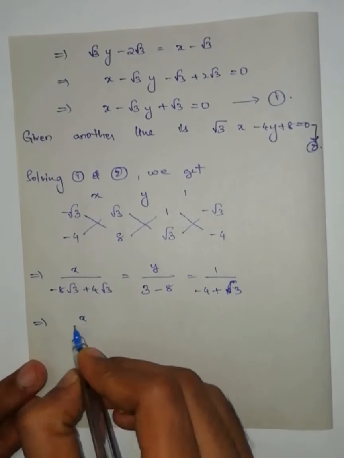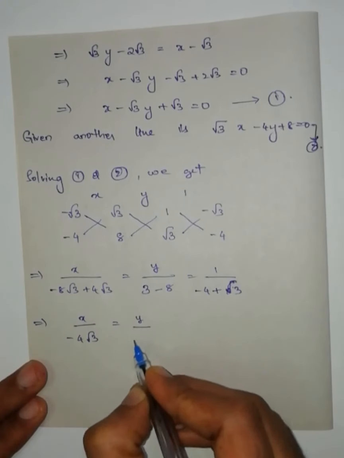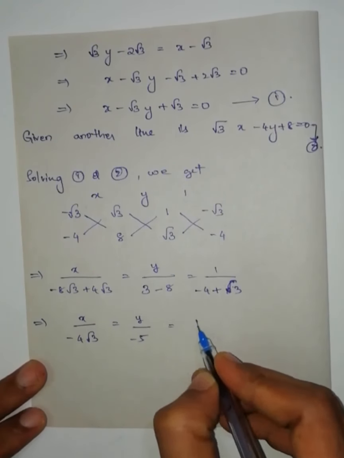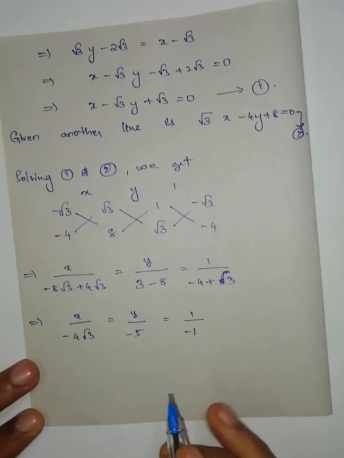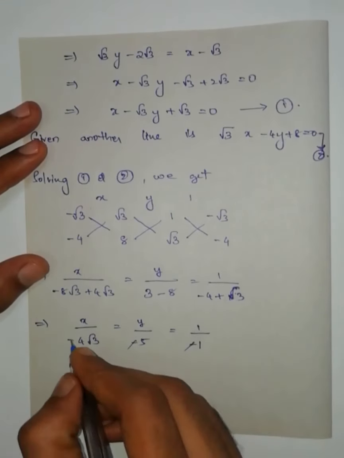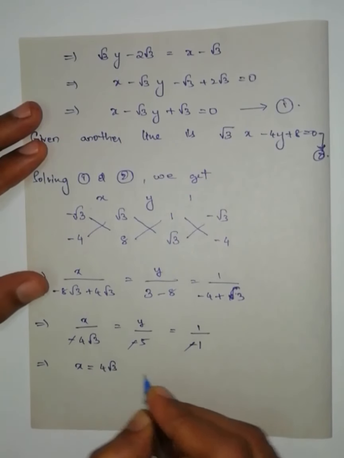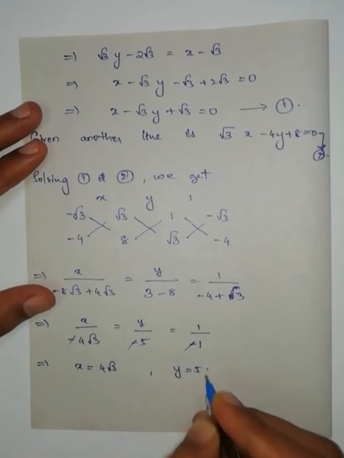This implies x by minus 4 root 3, y by minus 5, 1 by minus 1. Cancelling the minus signs, x is equal to 4 root 3, y is equal to 5.